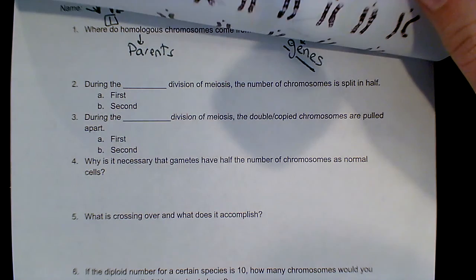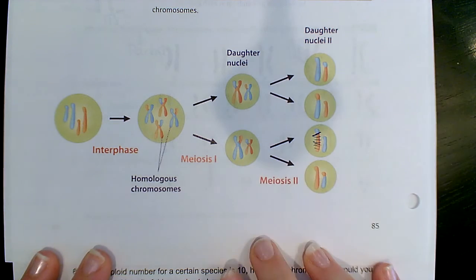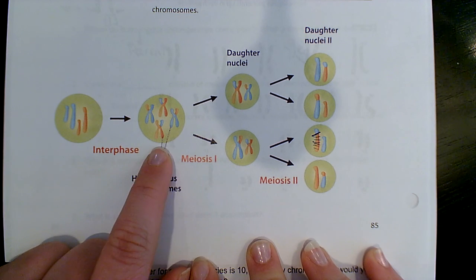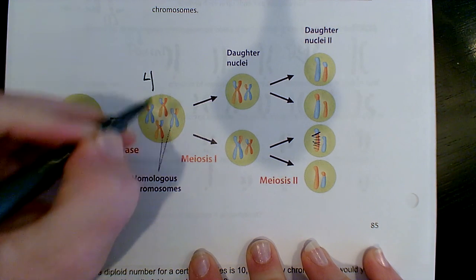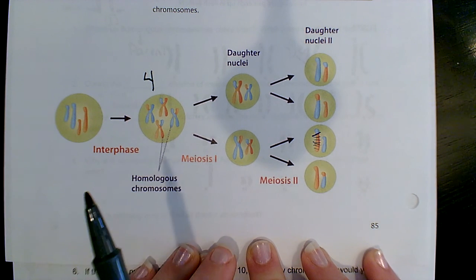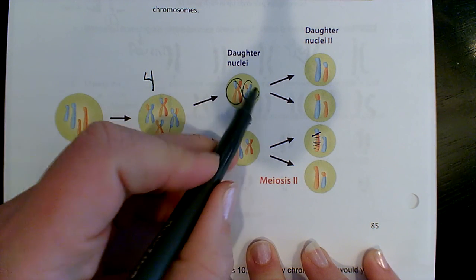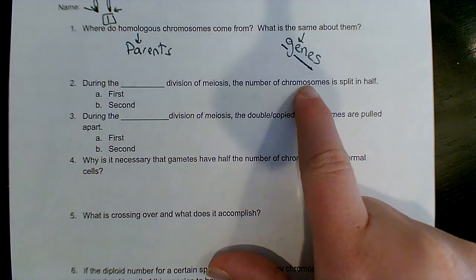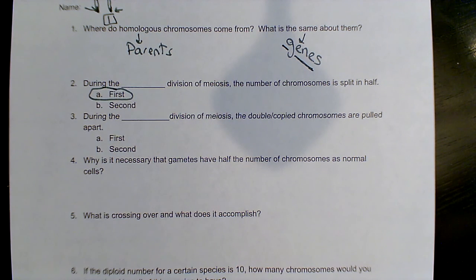So I see right here in this picture before meiosis 1, if I count those chromosomes, I have 1, 2, 3, 4. After meiosis 1, in either of these cells I count my chromosomes, how many do you see? Just 2. So which division is the number of chromosomes split in half? That would be the first division.